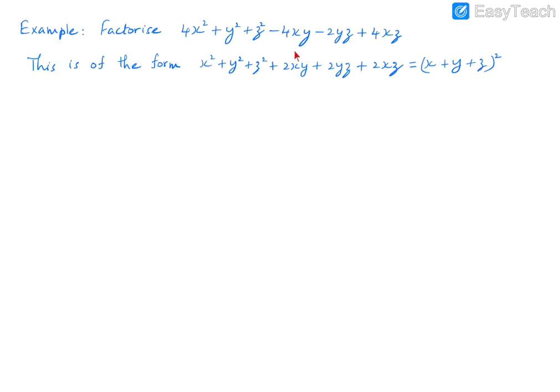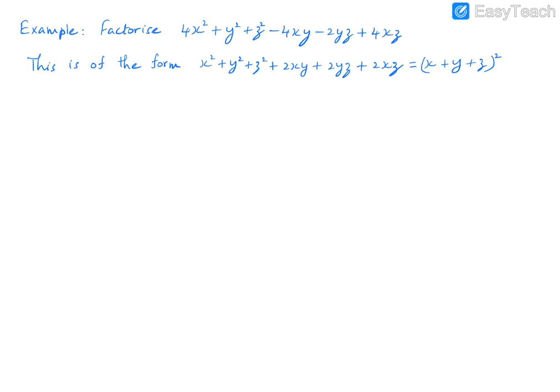When we look at this expression, it has the form of x squared plus y squared plus z squared plus 2xy plus 2yz plus 2xz, which is basically (x + y + z) the whole square. So we need to figure out what is x, what is y, what is z, and then we will be able to factorize this.